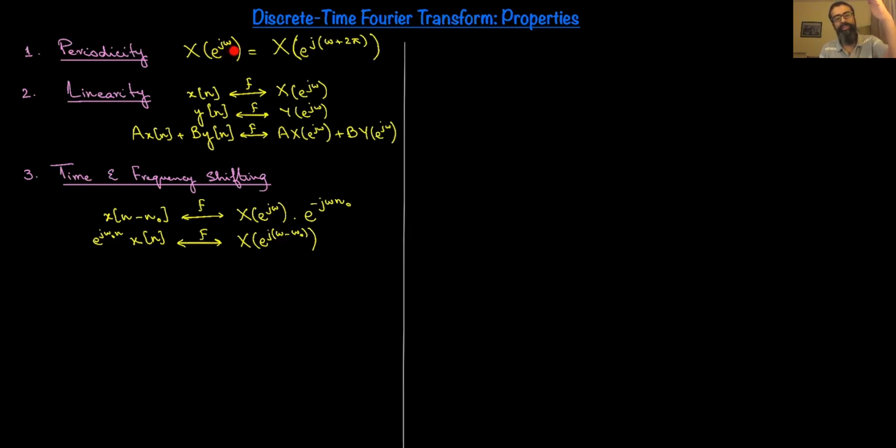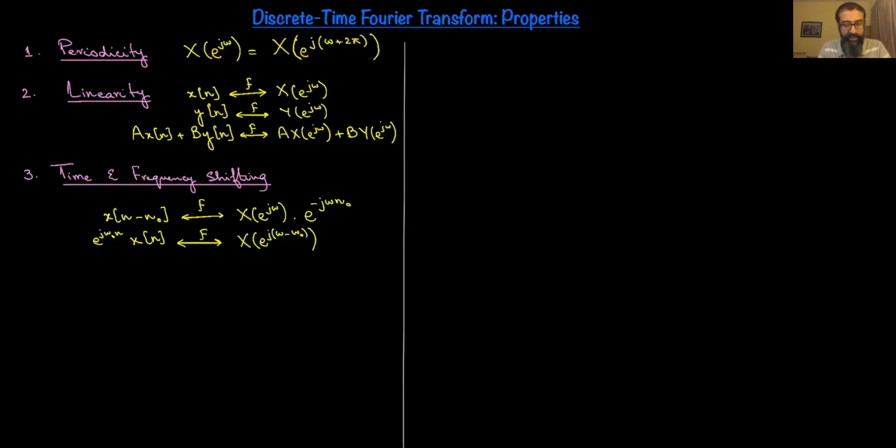So any frequency omega is exactly the same as frequency omega plus 2 pi, because omega is going to go around the circle and wrap around, and adding 2 pi is going to get you a point which once again is omega. So that's one of the reasons why we use this notation e raised to power j omega, to represent the fact that the frequencies lie on a circle. And the period, of course, is 2 pi.